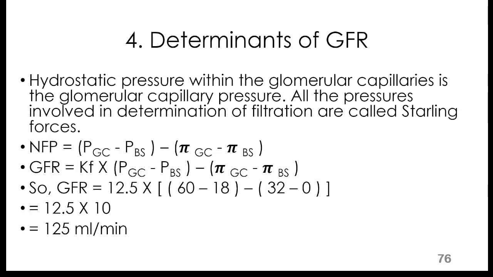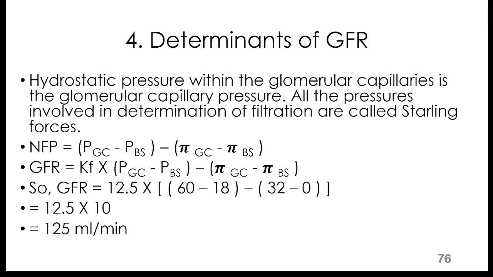All right. So the first equation we see here, we've already alluded to earlier. Net filtration pressure equals the hydrostatic pressure within the glomerular capillaries minus the hydrostatic pressure within the Bowman space. That will give you the net hydrostatic pressure.